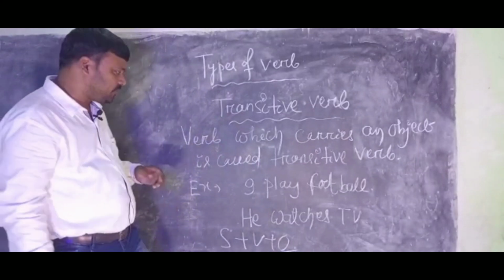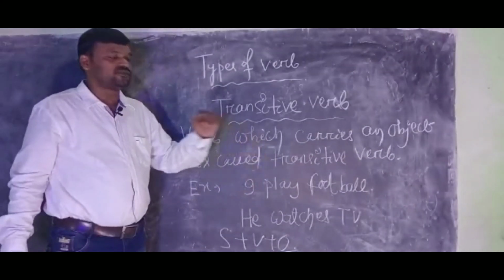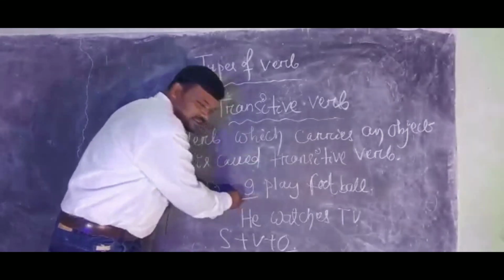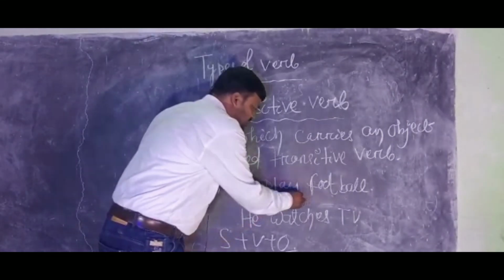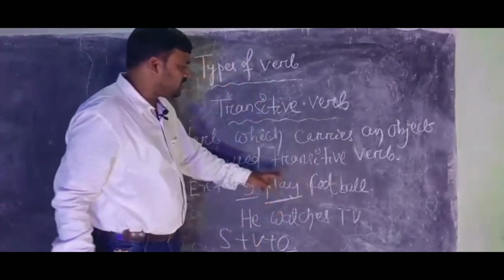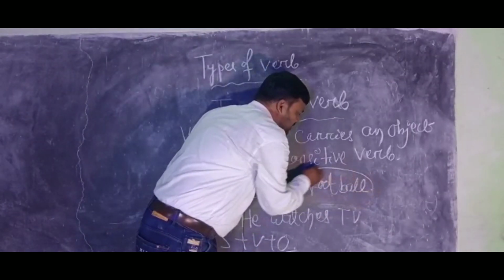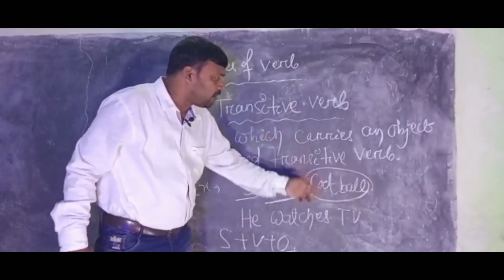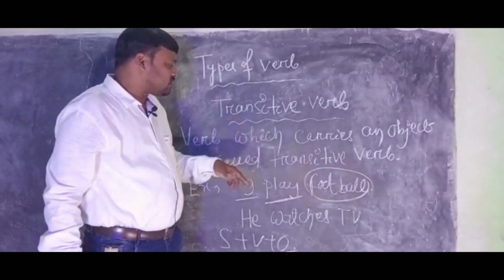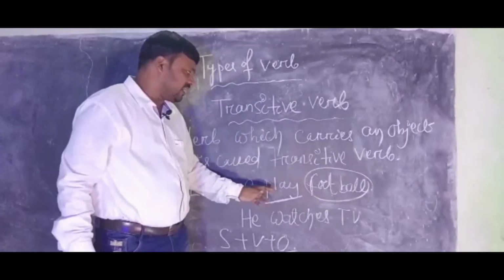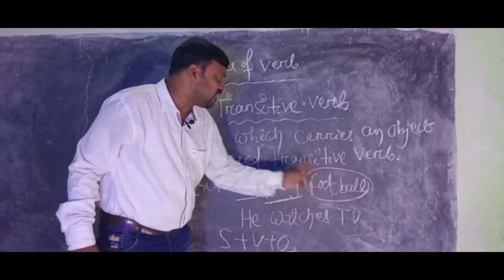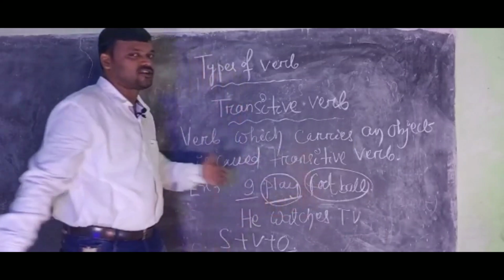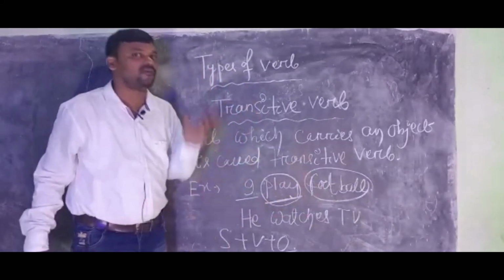So let's have an example. I play football, and here I is your subject and play is your verb, and football is your object, and here the object is your football. That's why the verb play carries an object, and so here the verb play is called your transitive verb.